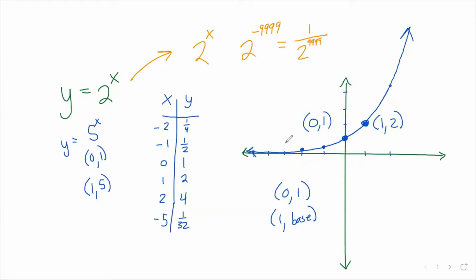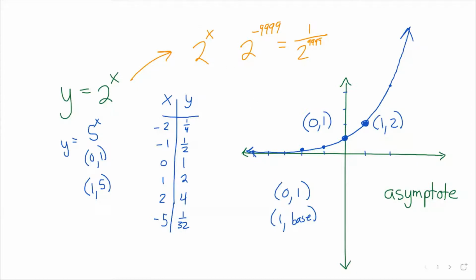So what we have on the x-axis is an asymptote. And if you haven't come across that word before, let me first spell it. Asymptote. And an asymptote is a line that a graph gets closer and closer to, but never touches.